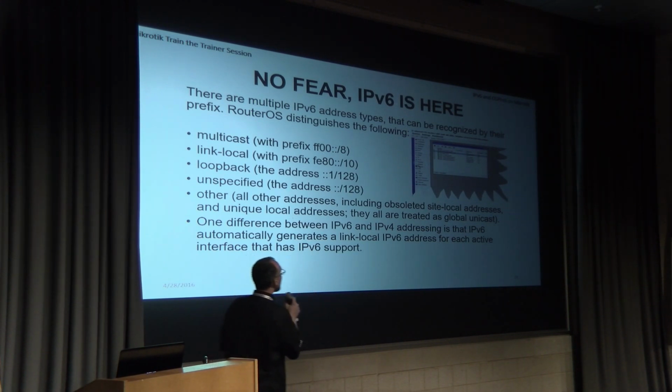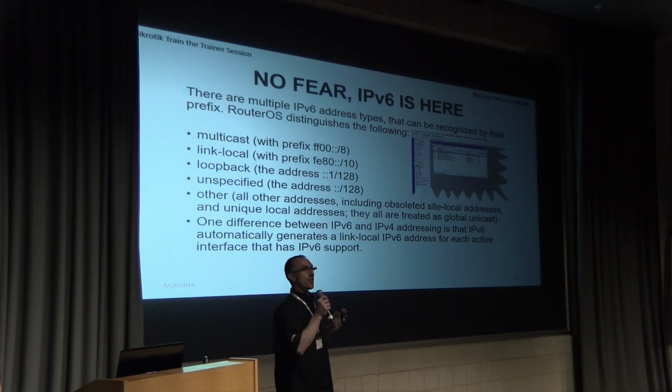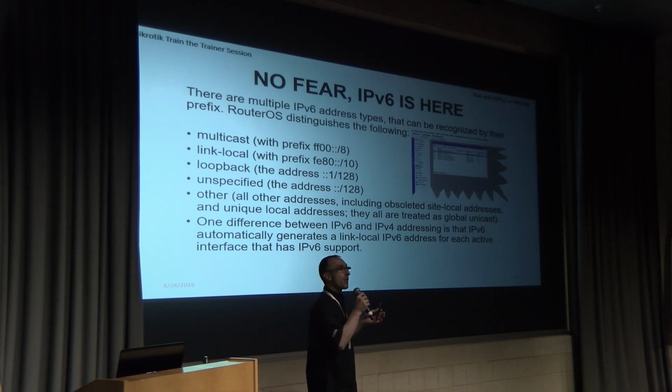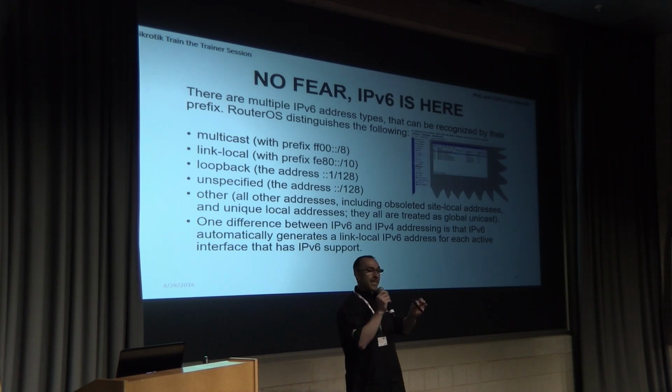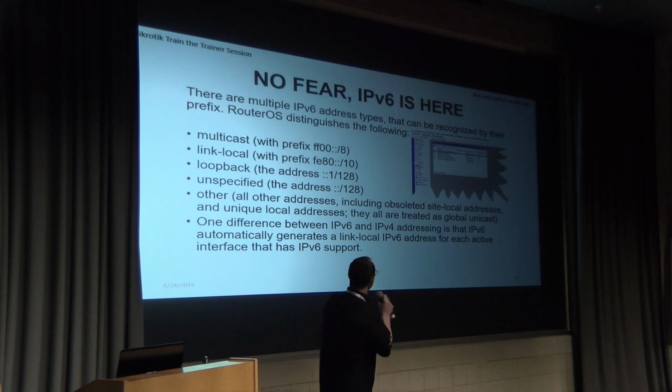One of the things I should mention about IPv6, going back to the theory and in comparison to NAT, which we were discussing before, is that IPv6 addresses are all public.